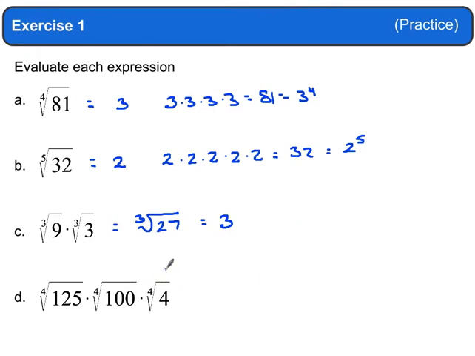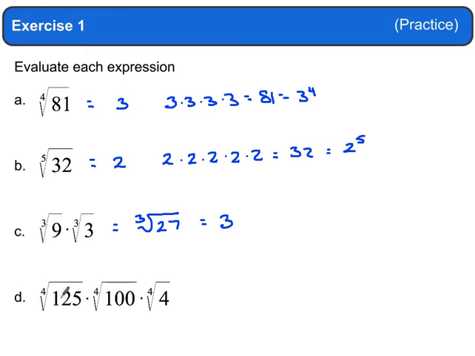And then here we've got the same idea going, 125 times 100 times 4. And so that ends up being, oh no, not 125. Let me make sure my book says something different. So it's 25.